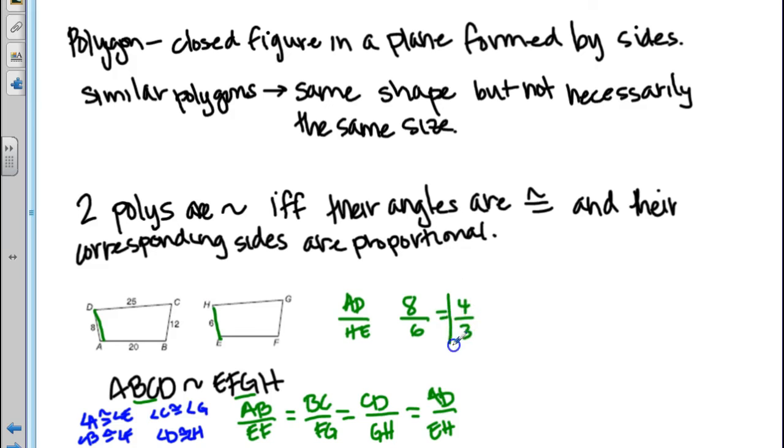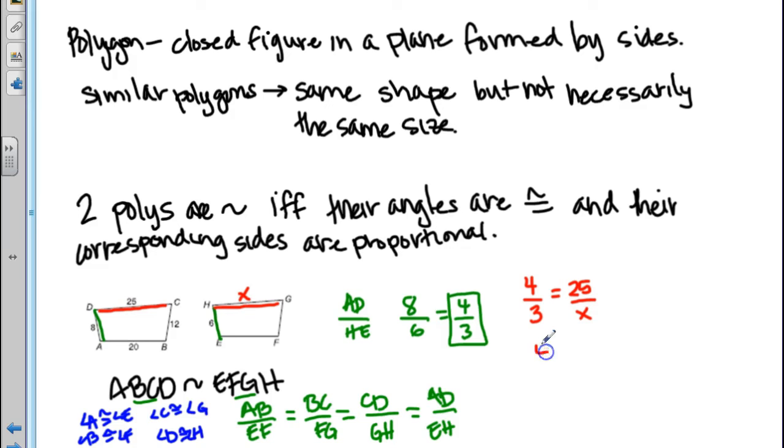So it's a 4 to 3 ratio, or the scale factor is 4/3, which means when I look at DC and this missing side, we'll call it X, I can set up this same proportion, 4 is to 3, as 25 is to X, and I can actually find the length of this side.